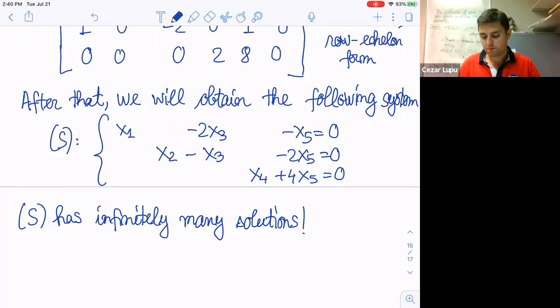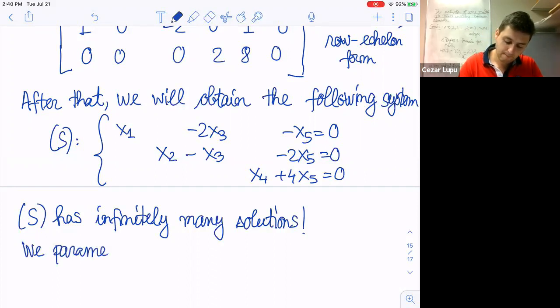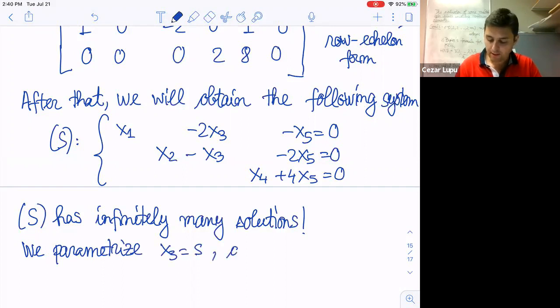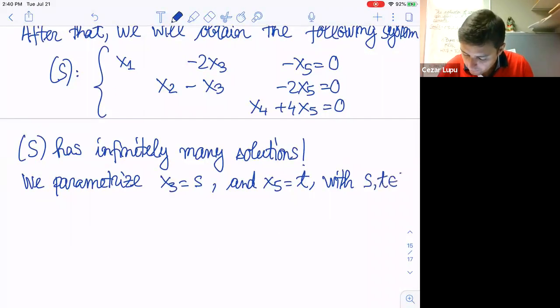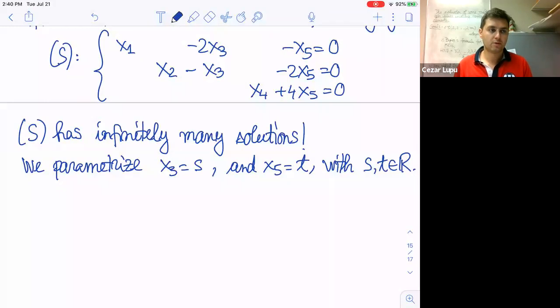It's quite easy, but you can parameterize. Let's say x3 to be s, we'll have two parameters here, and x5 to be t, with s and t real numbers, right?